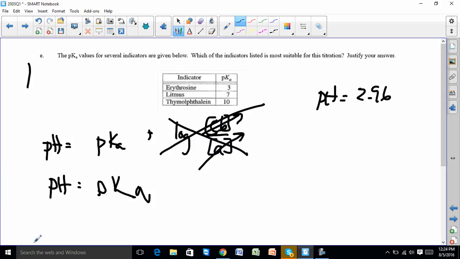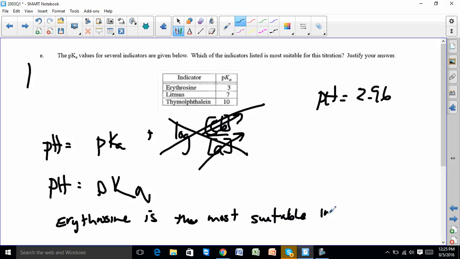Obviously, the answer is, remember we always ask which is the most suitable, so then you just answer the question. Erythrosine is the most suitable indicator for the titration.